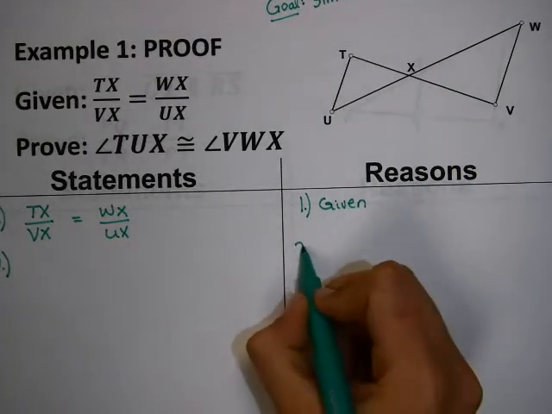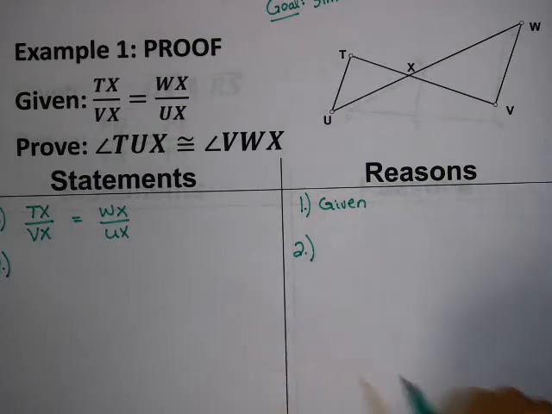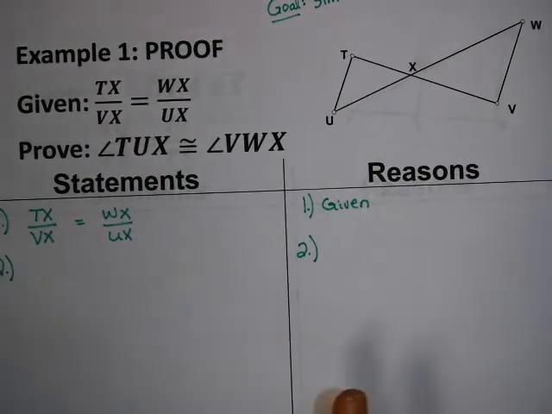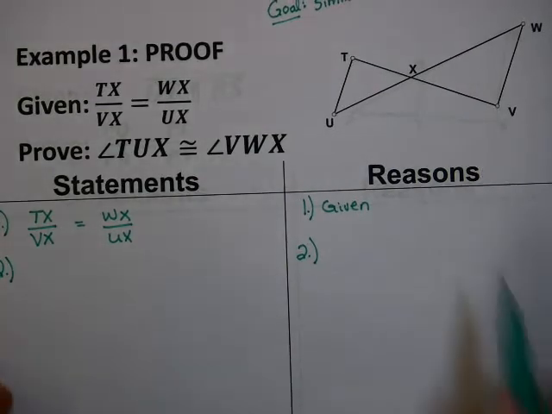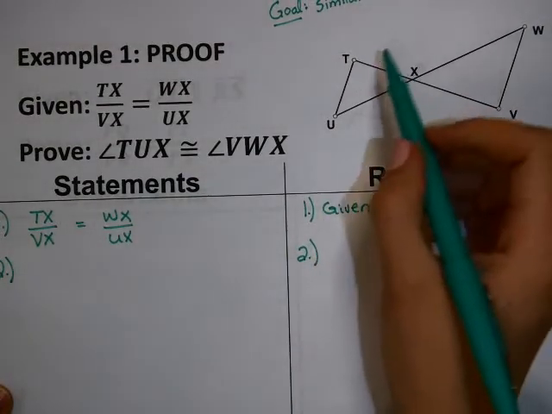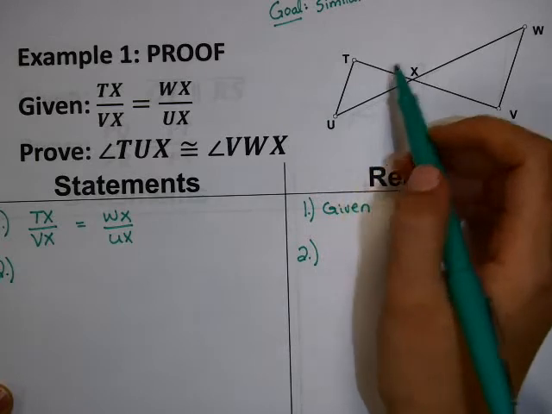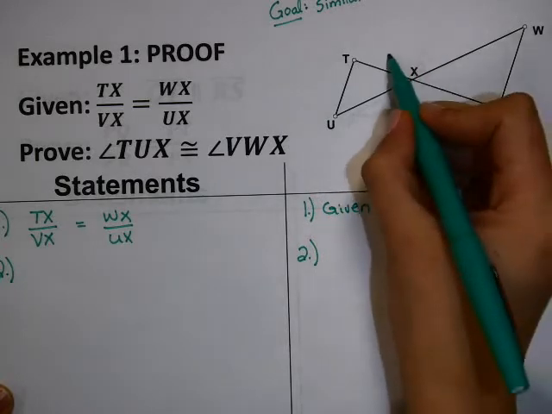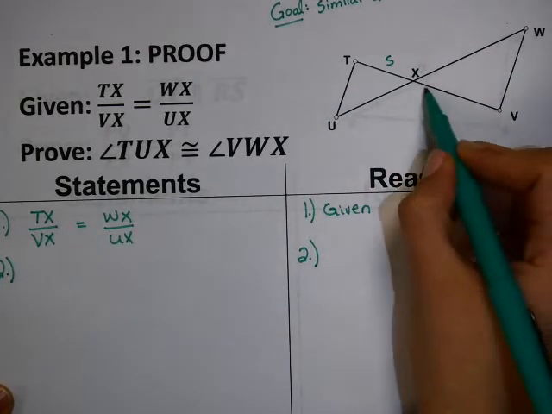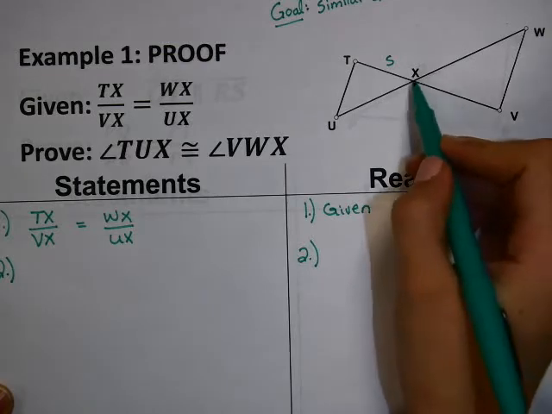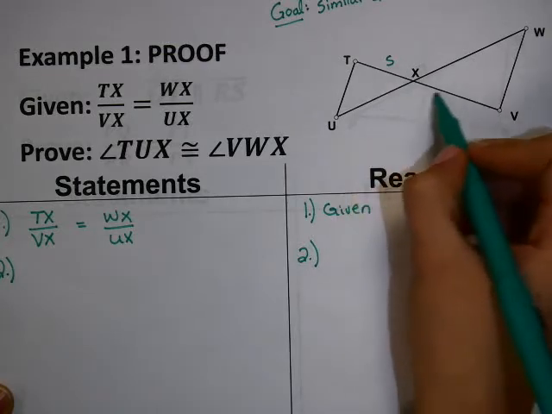Step 2, let's take a look at our picture and see what we can use to prove these two triangles are similar. Right now I have this proportion set up so that this side is not congruent, but proportional to this side.